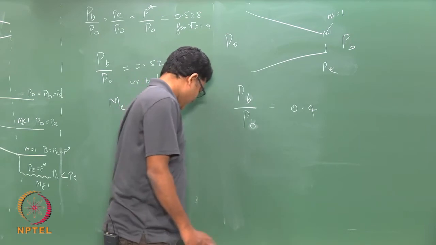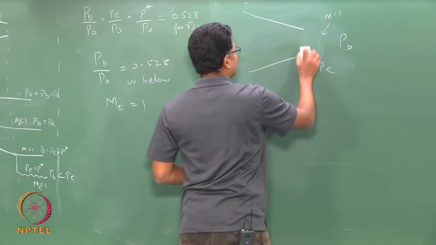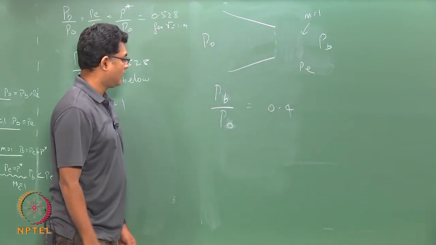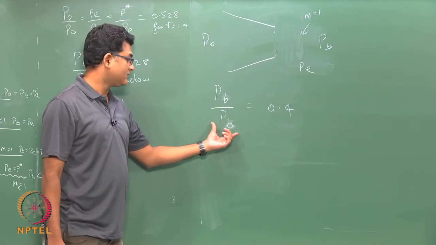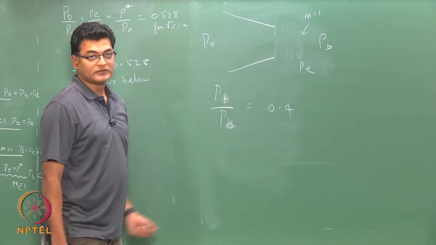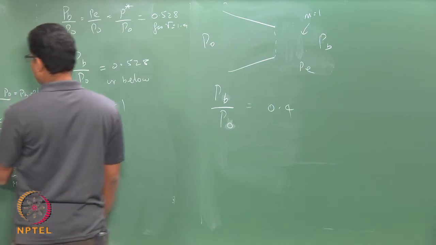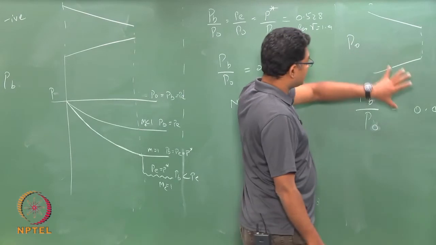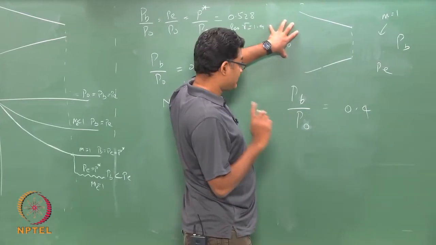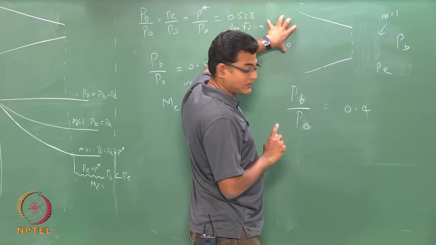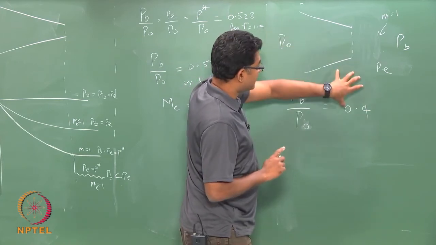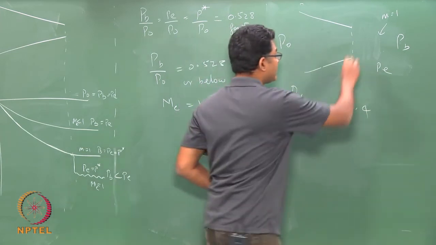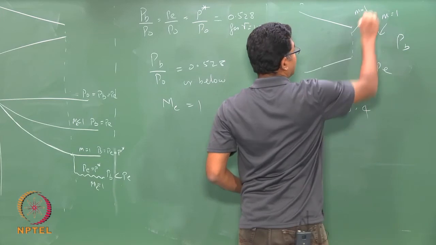Now, what I do is I cut this nozzle to this value, keeping the same back pressure. If I do this, the area ratio does not come into the physics. So whatever I do here, keeping PB and P0 constant is very important. You have to keep P0 constant and then do this process of cutting the nozzle. Since the area ratio is this, we are still going to get M equals 1 here.